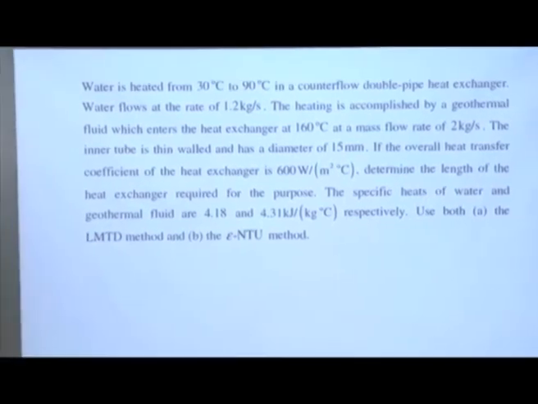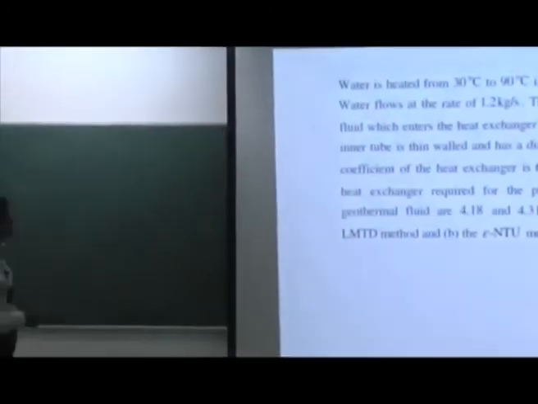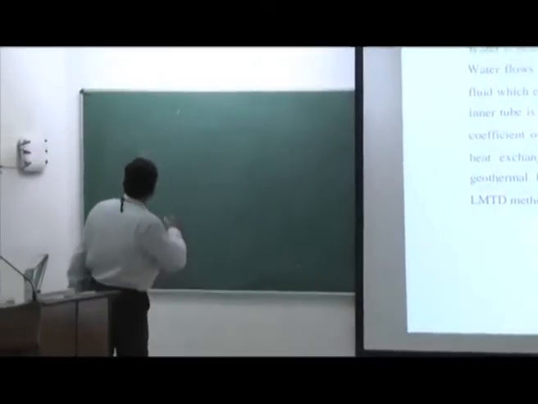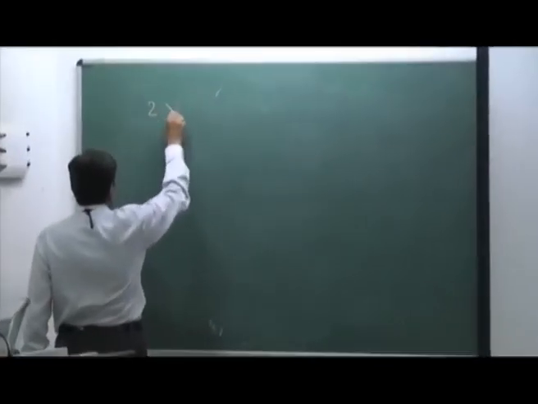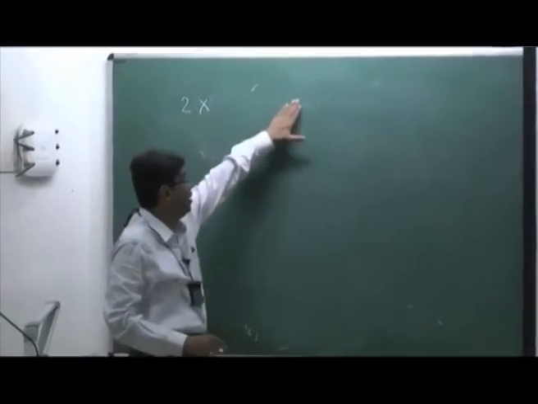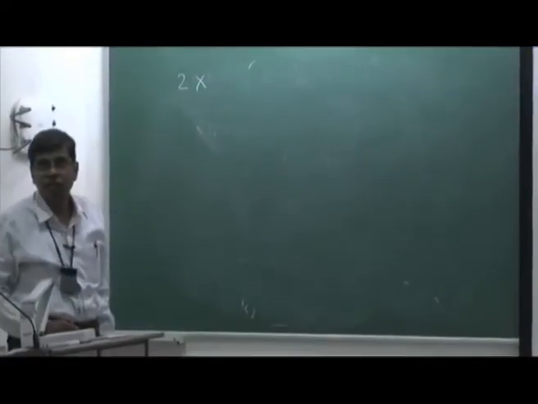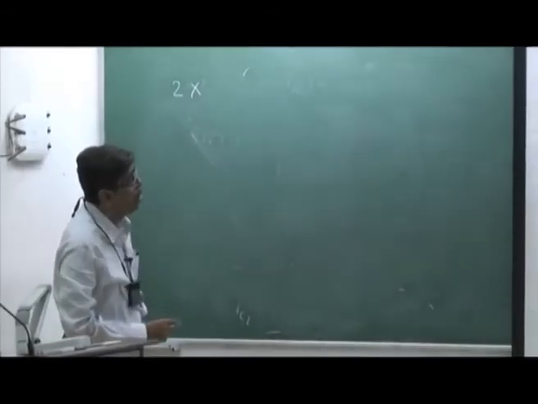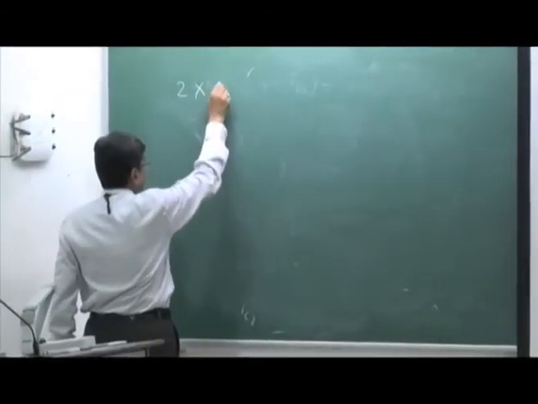Water is 1.2. Or the hot fluid first. Hot fluid is, what is the flow rate? 2, you tell me. 2 into, you dictate me, I will write. I will not see the first heat balance. 2 into 4.3, correct?